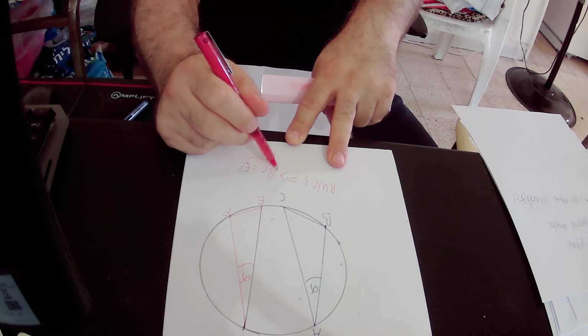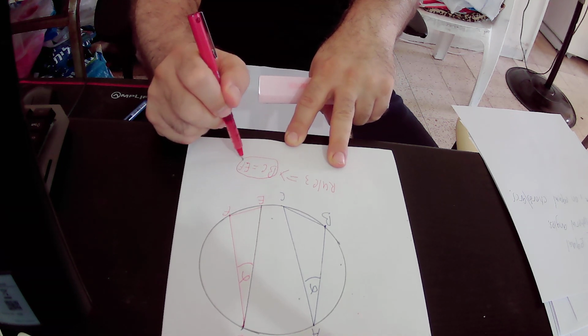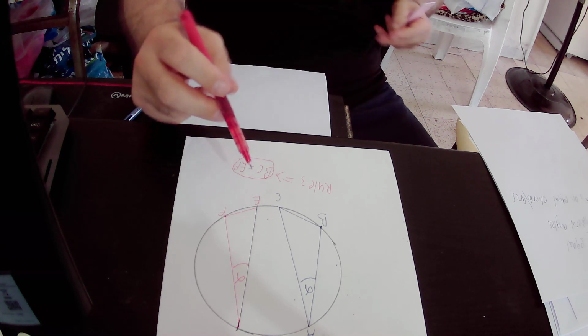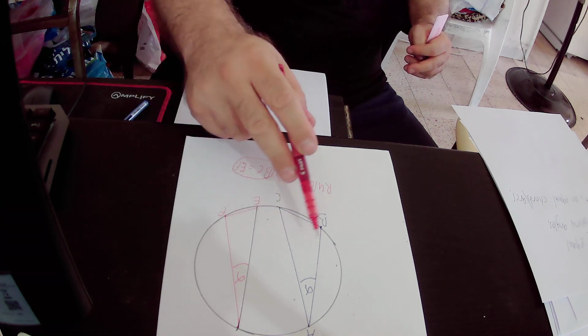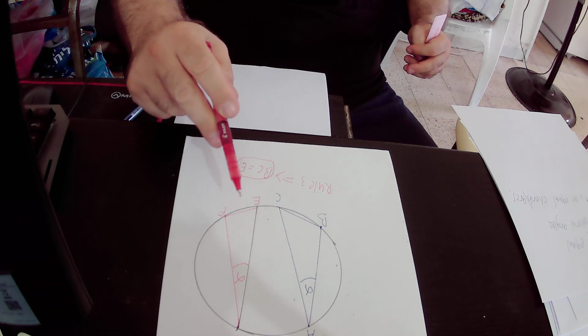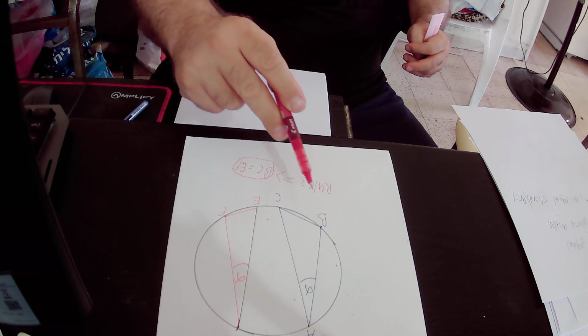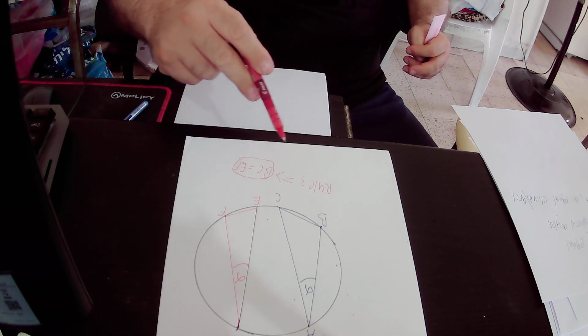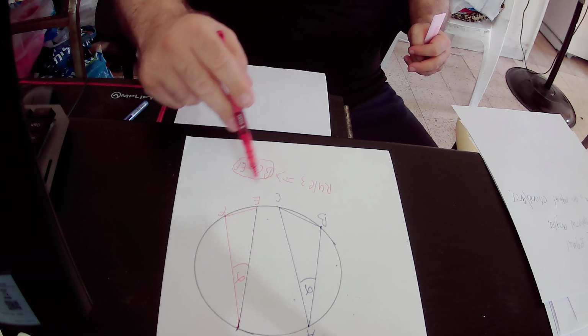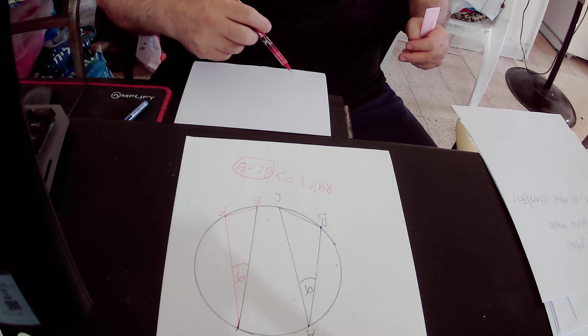Okay, BC equals EF because those two angles equal each other, they rest on equal chords. That is to say BC equals EF.